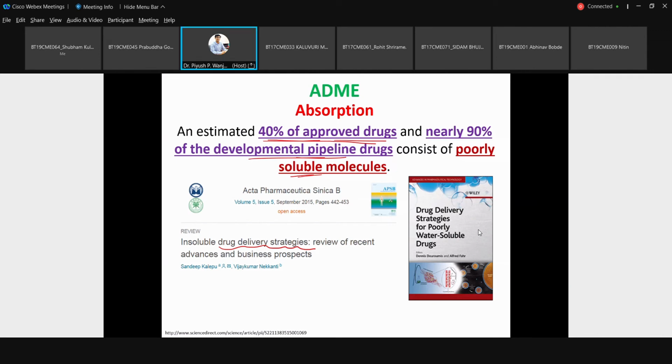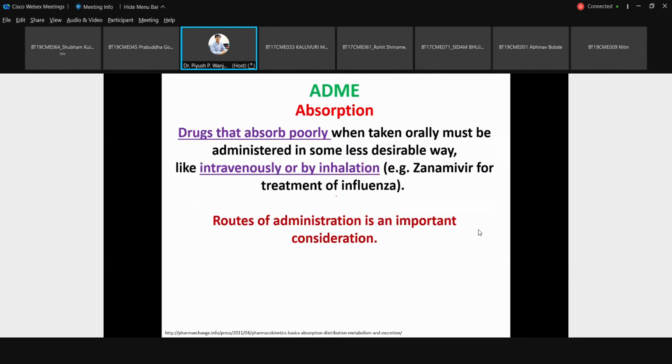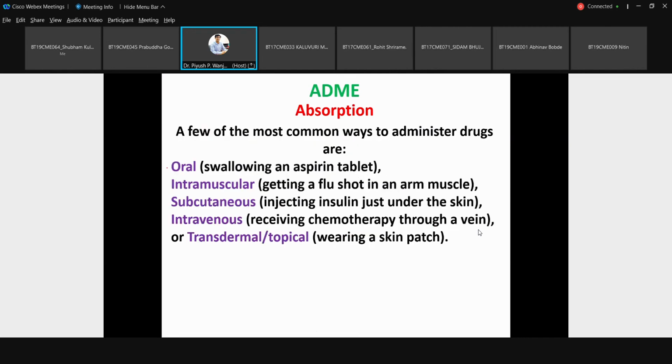One of the more scientific approaches I will discuss later, but some of the things people do: if you are not able to give it by a simple tablet, generally the drugs which absorb very poorly are administered in other ways. There are different ways of administration. For example, normally you take it orally, but it can be given as an injection, intramuscular or subcutaneous, or some chemotherapy drugs are taken intravenously, or many times there are topical patches on the skin itself.